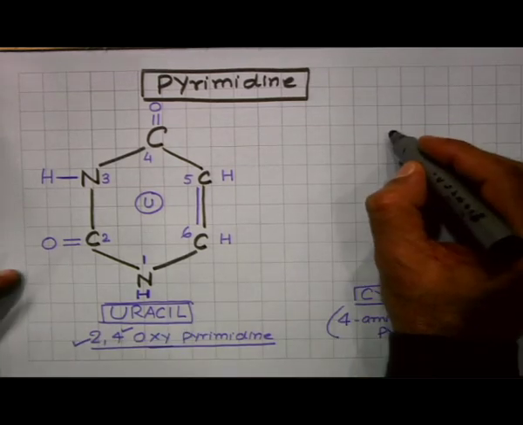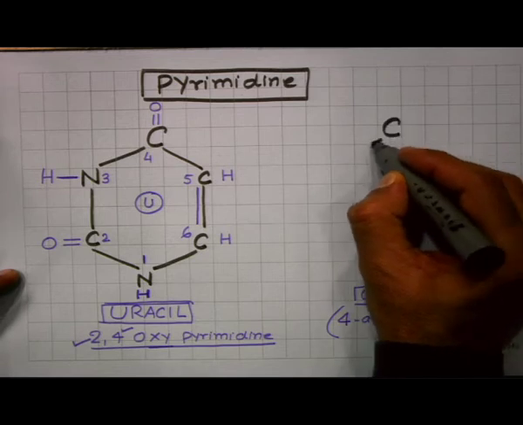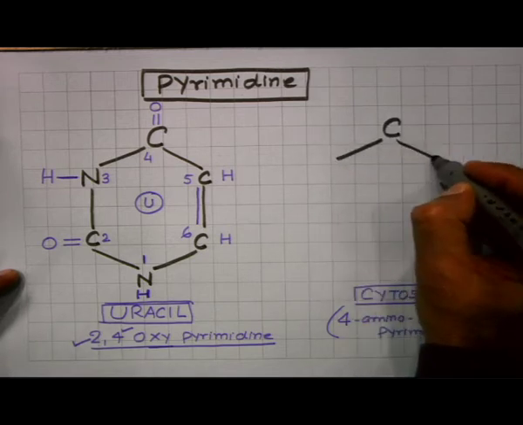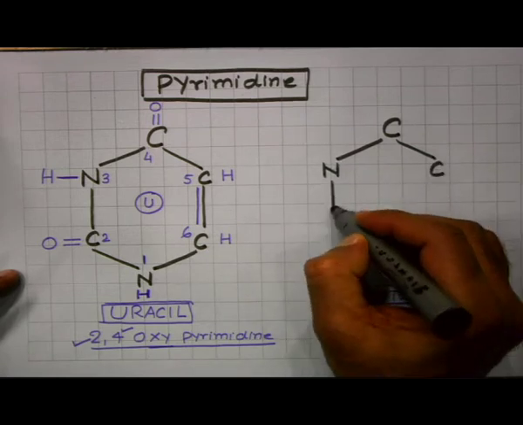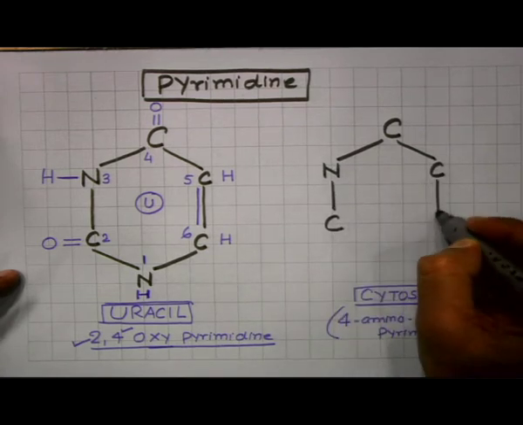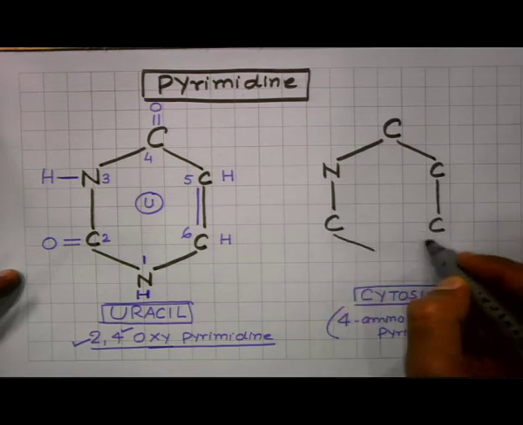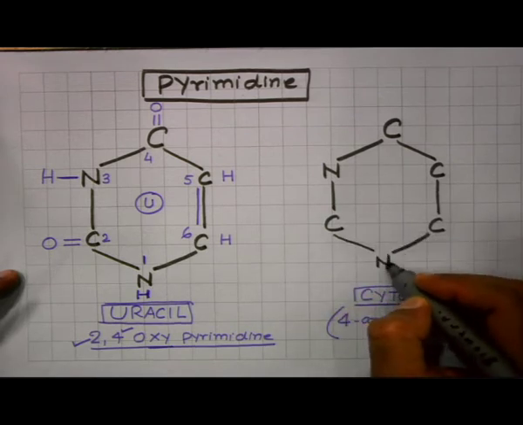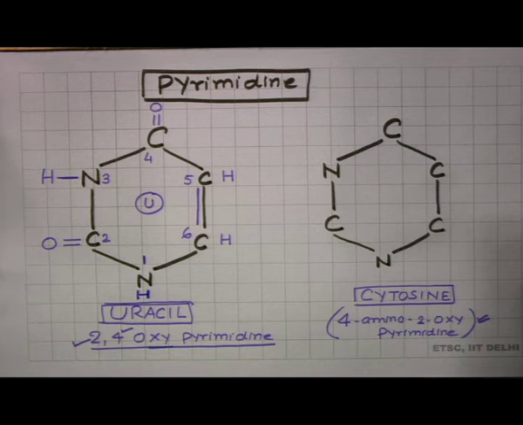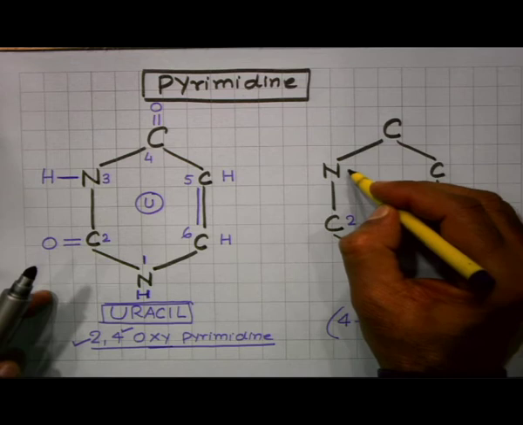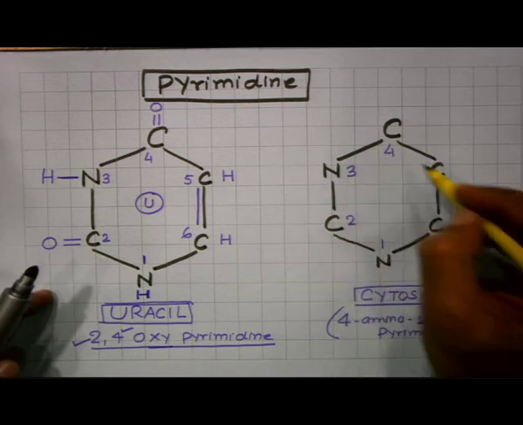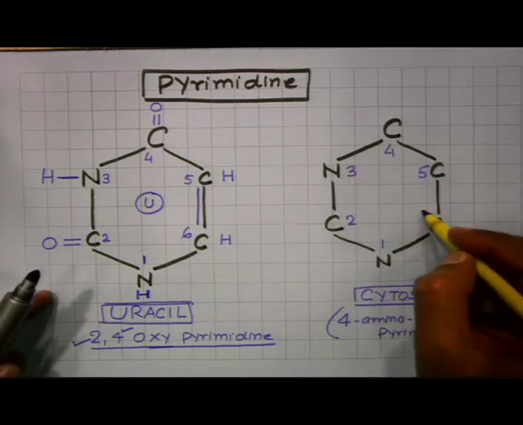Now, see here the skeleton is this, here nitrogen is placed. Now, 4-amino, name it 1, 2, 3, 4, 5, 6.